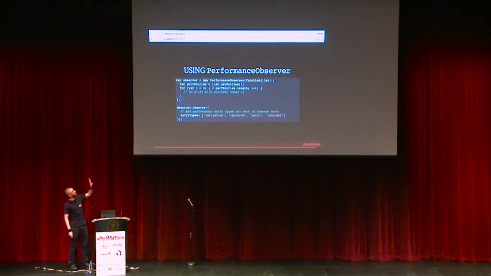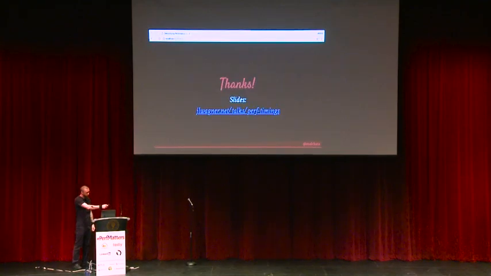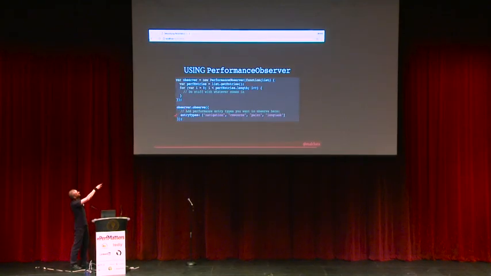So with a performance observer, at the bottom, when you observe initially, you can specify a number of entry types, and you can see here that there's navigation, resource, paint, and long task, and as those entries come into the observer it will reveal them. And then in the observer, you can do some light looping over things or however you want to process that stuff, and then you can work with that data rather than blocking the main thread by messing with it.